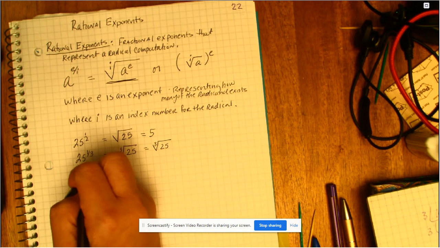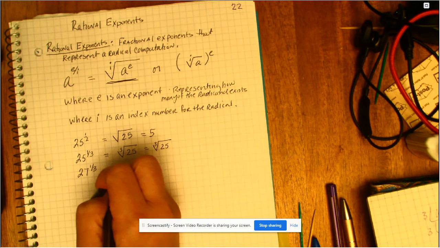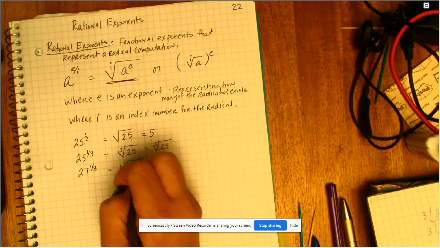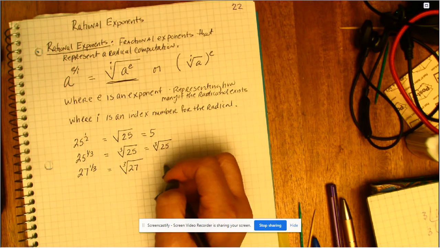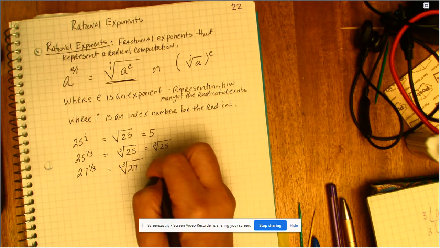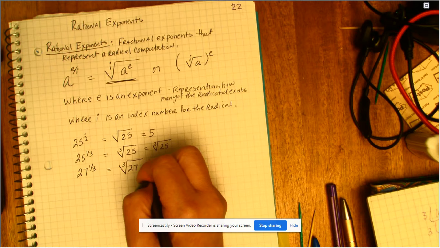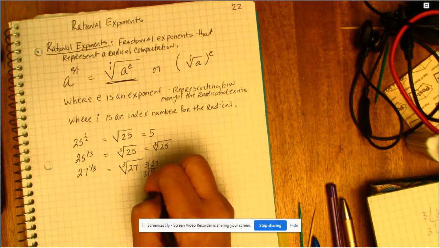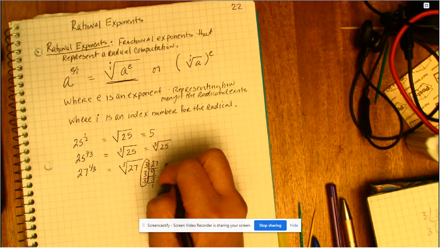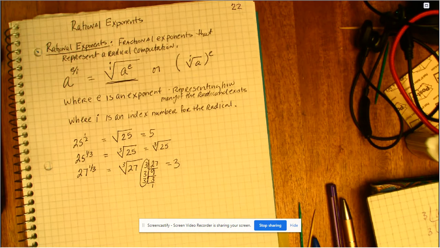What if I had 27 to the 1/3? That would be the cubed root of 27, and if I prime factor 27, I know that 3 goes into 27 9 times, 3 goes into 9 3 times, and 3 goes into itself once. So in fact, I would be able to simplify that, and that would just equal 3, because 27 is a perfect cubed number.